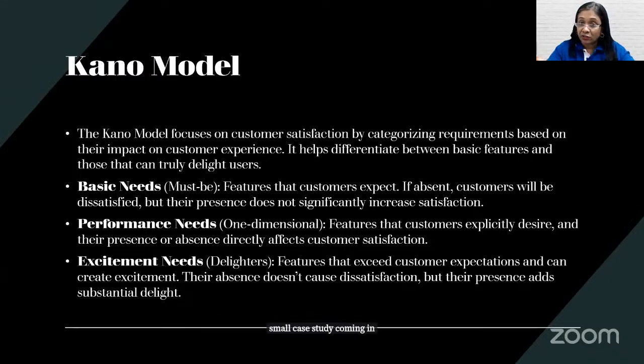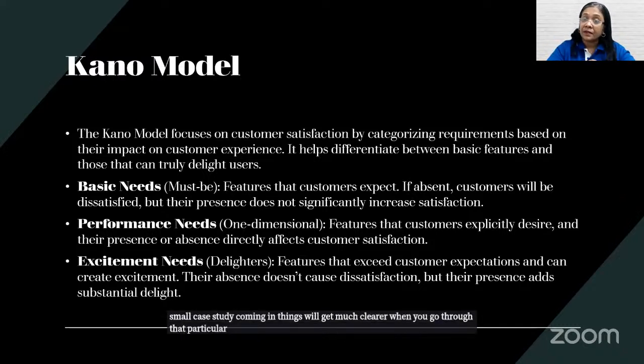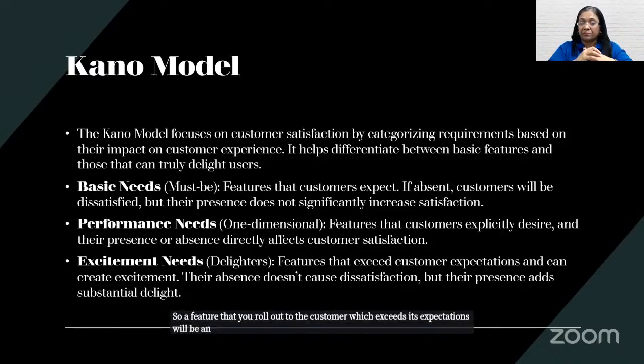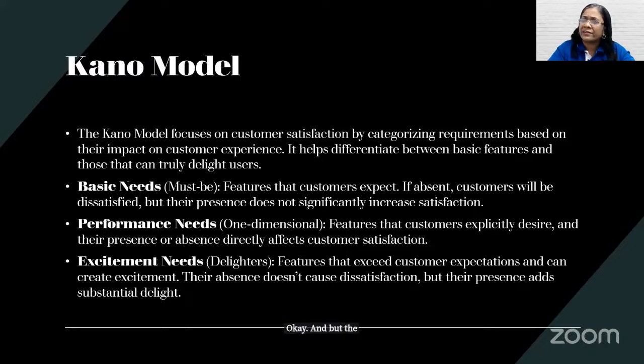Things will get much clearer when you go through that case study. A feature that you roll out to the customer which exceeds his expectations will be an absolute excitement for him, but the absence of that feature will not create dissatisfaction for him. That's excitement. Remember that.